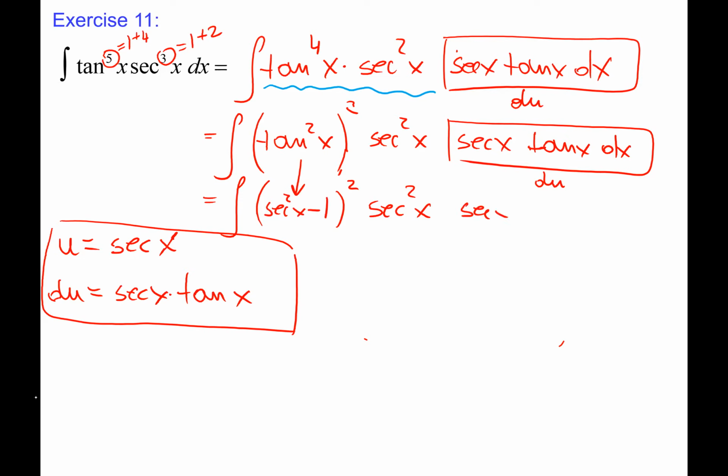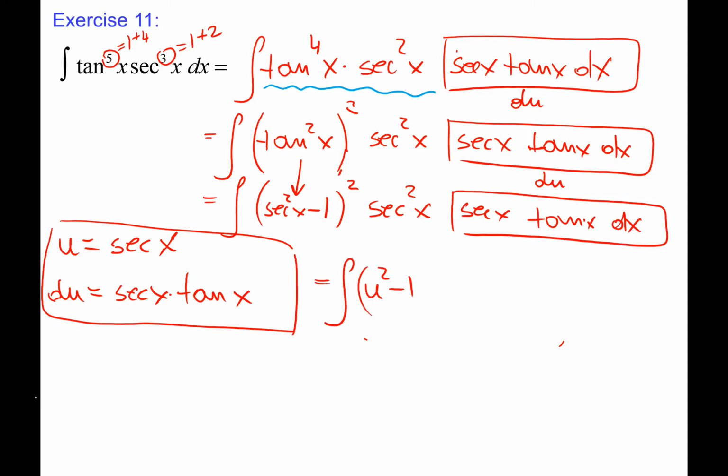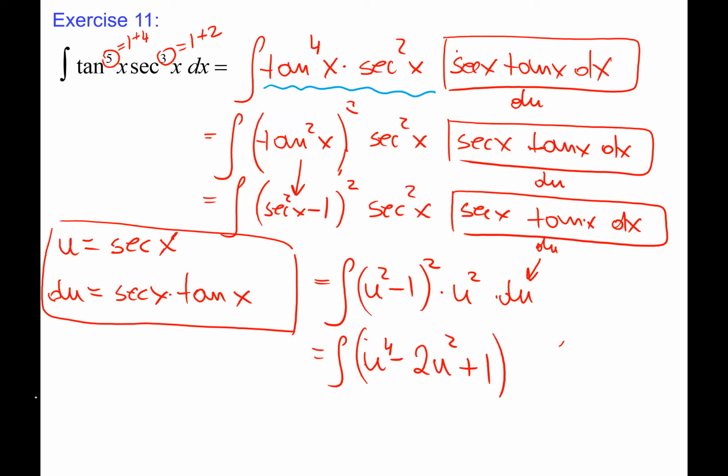Okay, I think now we're ready to rewrite everything in terms of u. Secant of x is u, so we have u squared minus 1, squared, times u squared, and this was, of course, du. First of all, I will expand u squared minus 1 squared, which will be u to the power of 4, minus twice the product, plus 1 squared.